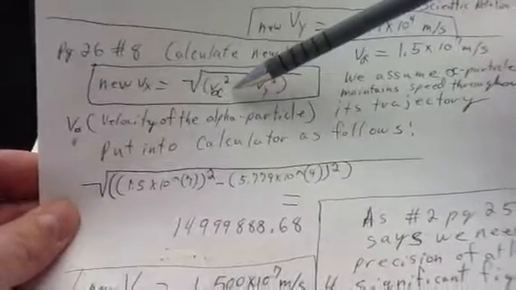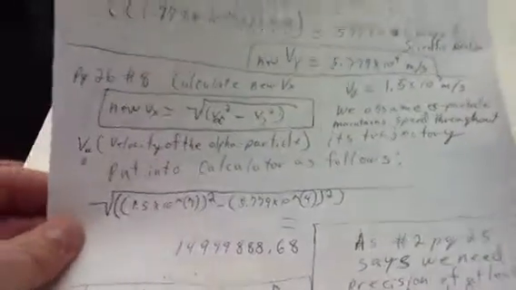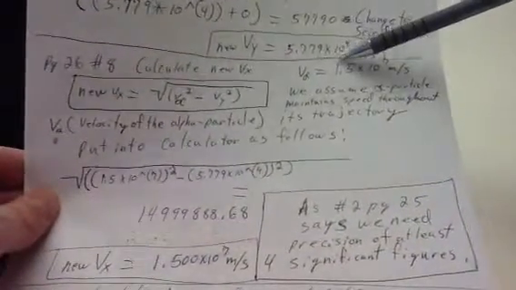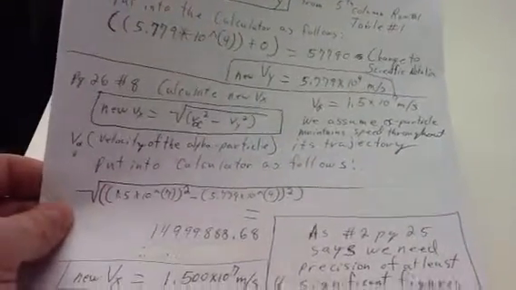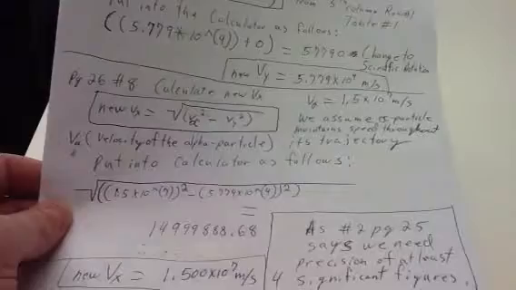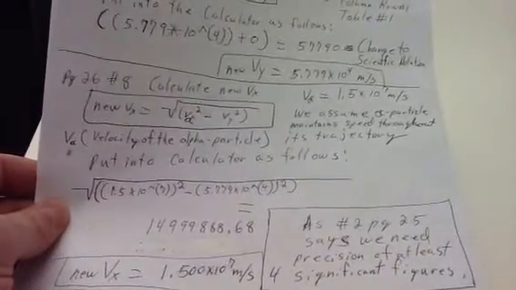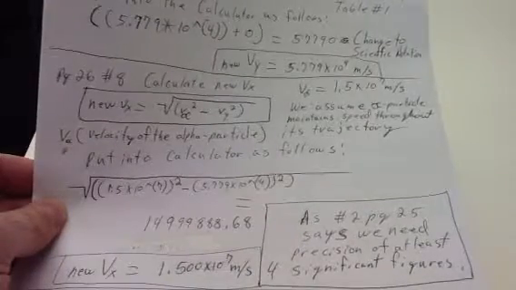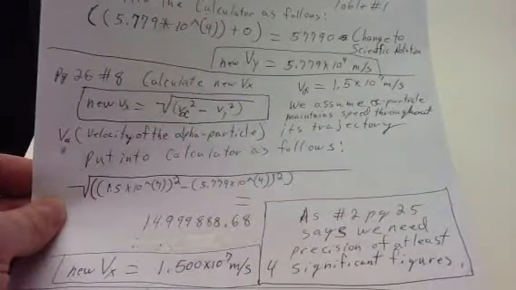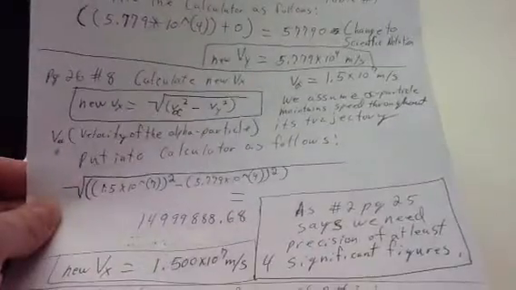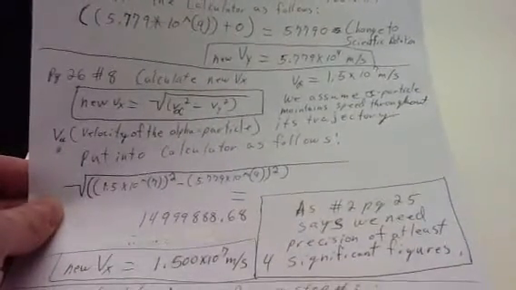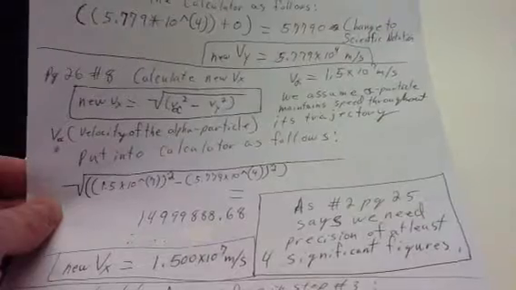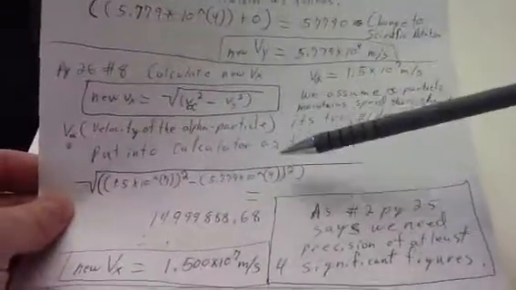Okay, so the question is, do you remember where we got that? Let's see, where did we get that? I think it was on page 25? Velocity of alpha particle along its path. Well, anyway, this is what it is.